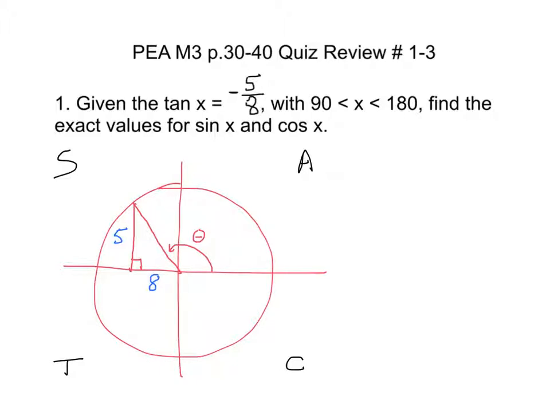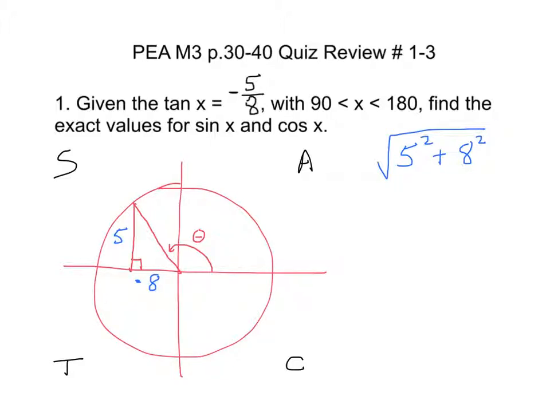And again, since we're dealing with tangent here, we already know it's negative in that quadrant, but the reason why is because our adjacent side is going into the negative direction. So if we need to find sine and cosine, then we just need the hypotenuse. We can use the Pythagorean theorem: square root of 5 squared plus 8 squared.